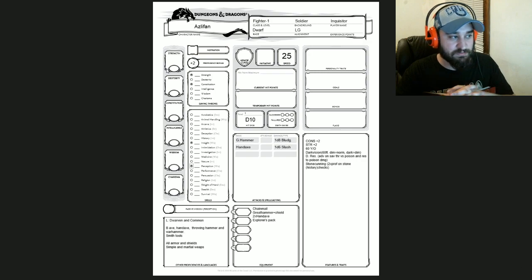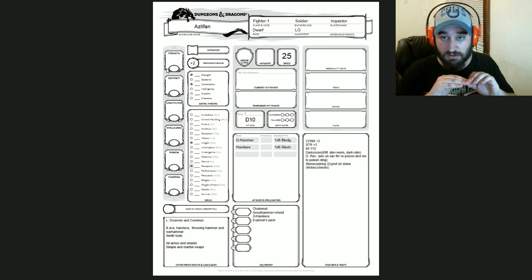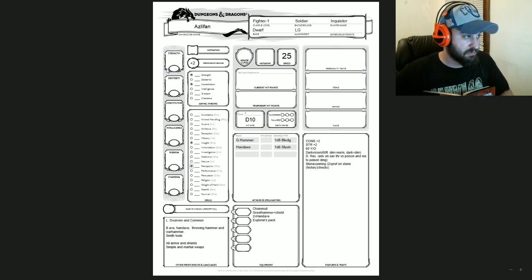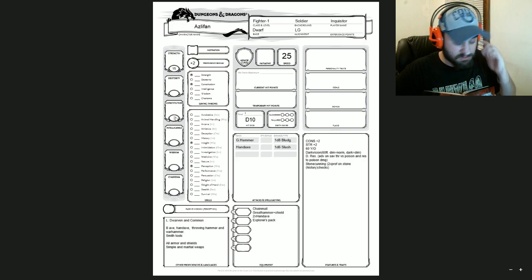The stats, if I remember correctly, in the base stats, if you take the pre-made stats, it's a 15, 13, 12, 10, and an 8. So for example, if we go with that, our first stat would be strength, which would be 15. Our second stat would be constitution, which would be 13.